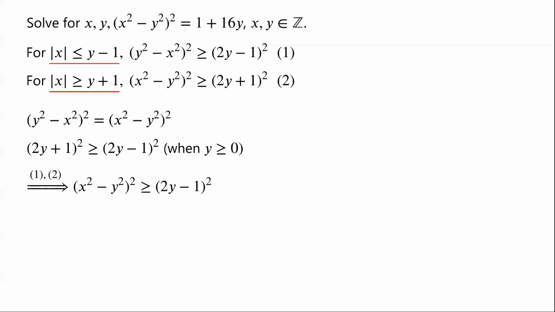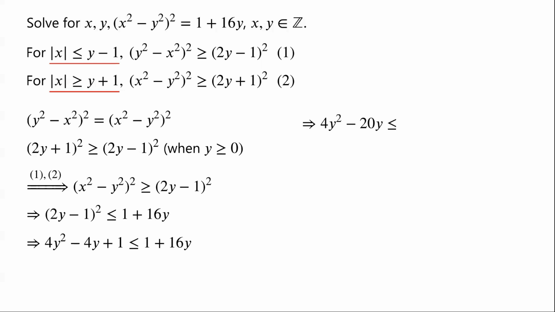We are given that x squared minus y squared all squared equals 1 plus 16y. So we have 2y minus 1 all squared is less than or equal to 1 plus 16y. 2y minus 1 all squared equals 4y squared minus 4y plus 1. Rearrange and simplify the inequality. We have 4y squared minus 20y is less than or equal to 0.